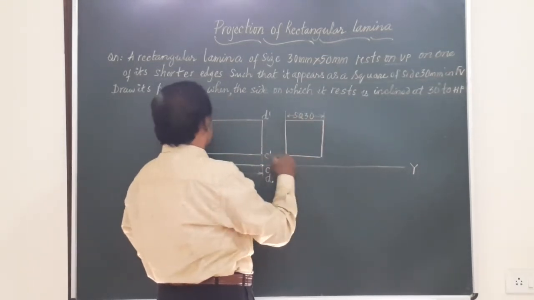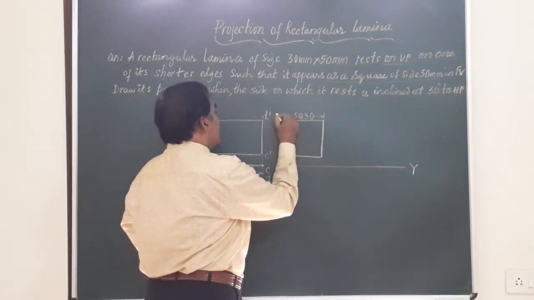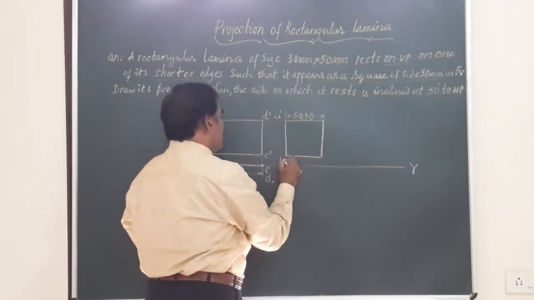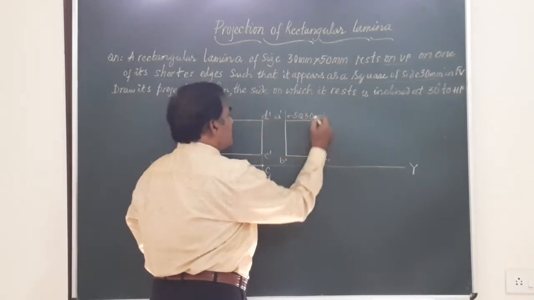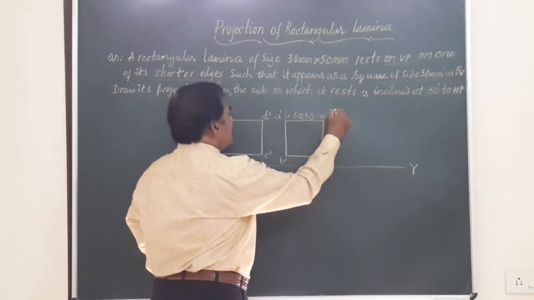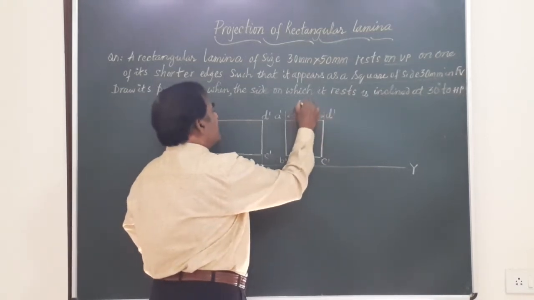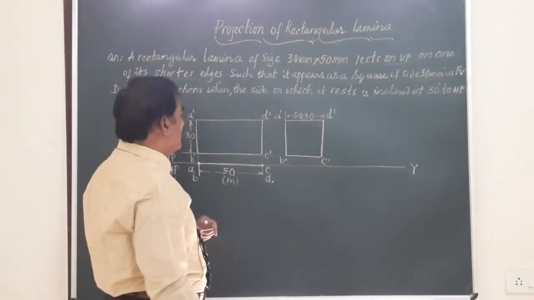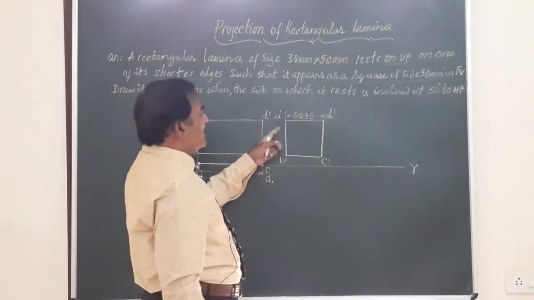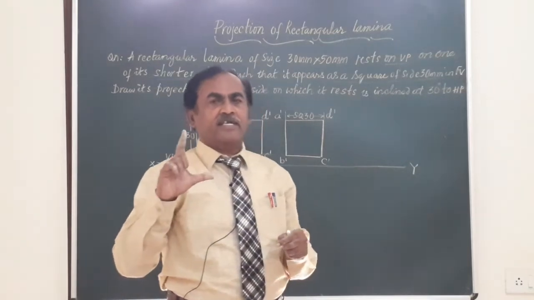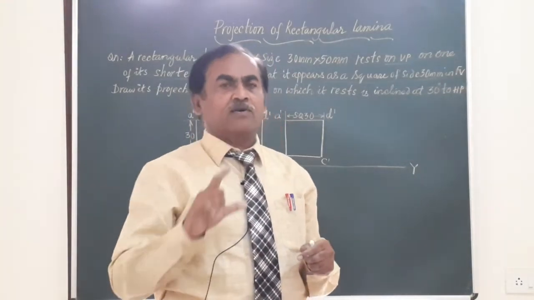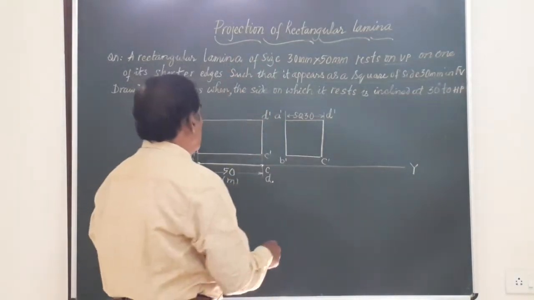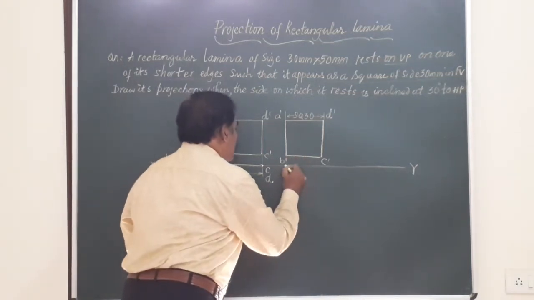So I will call this as A dash, B dash, C dash, and D dash. So this figure is the final front view, he says. So it appears as a front view. Friends, remember here the side A dash B dash, that is the shorter edge, is on the wall. So when it is on the wall, you can have this point here as AB.